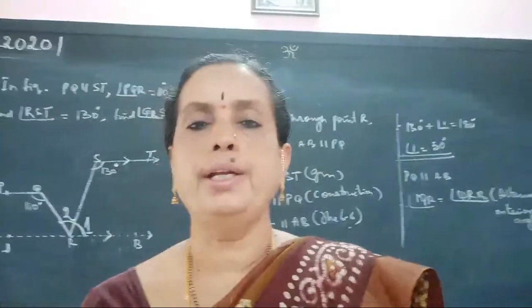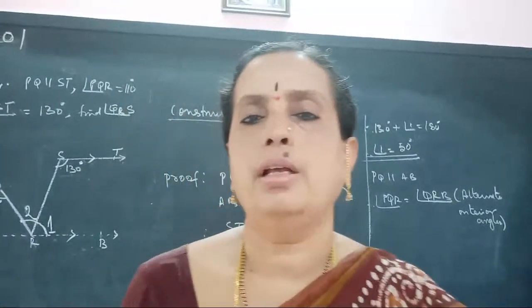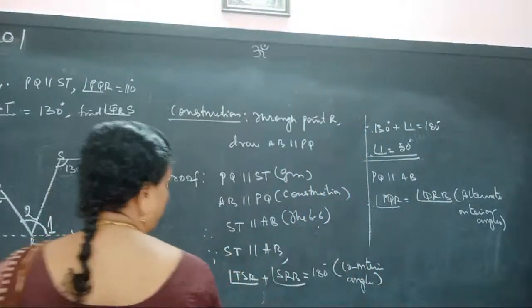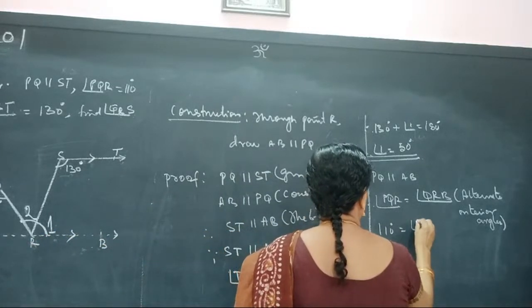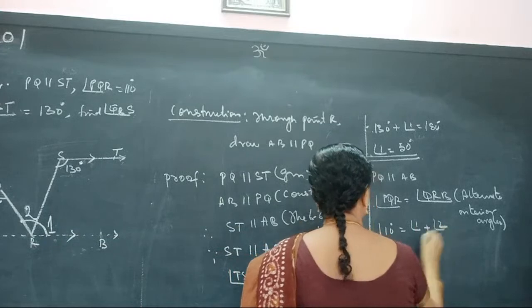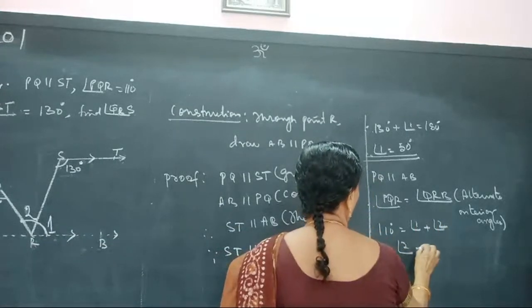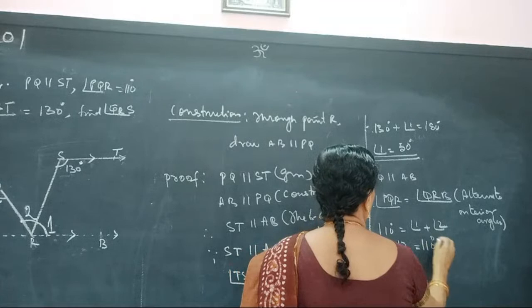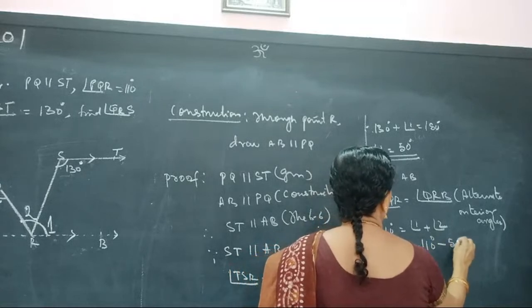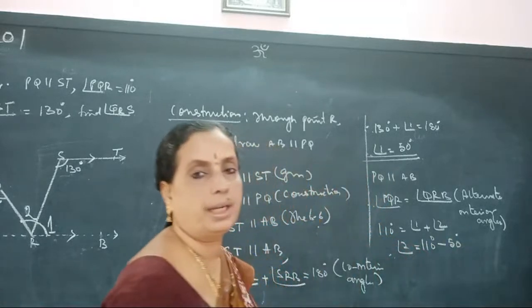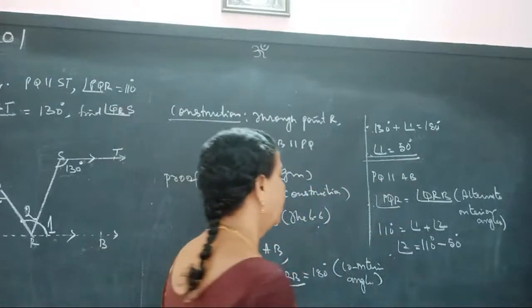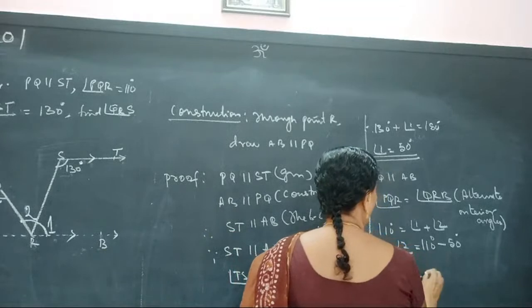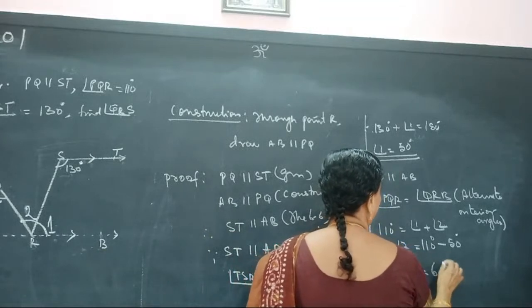When alternate interior angles are equal, we can say that 110 degree equals angle 1 plus angle 2. Therefore, angle 2 equals 110 degree minus 50 degree. Why 50 degree? Because angle 1 has the value 50. Therefore, angle 2 equals 60 degree.